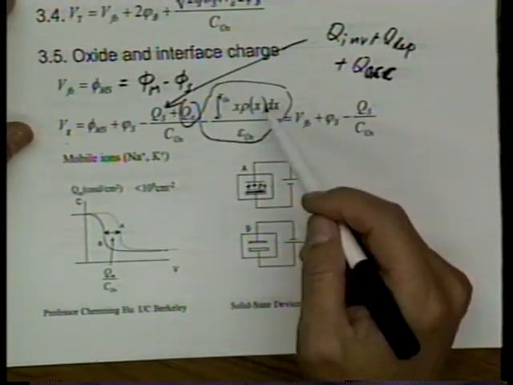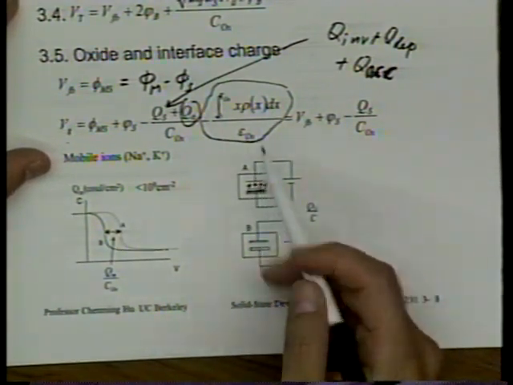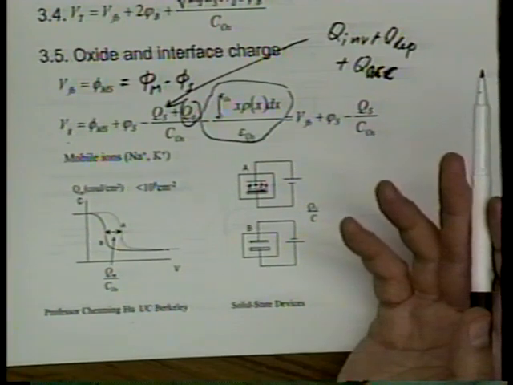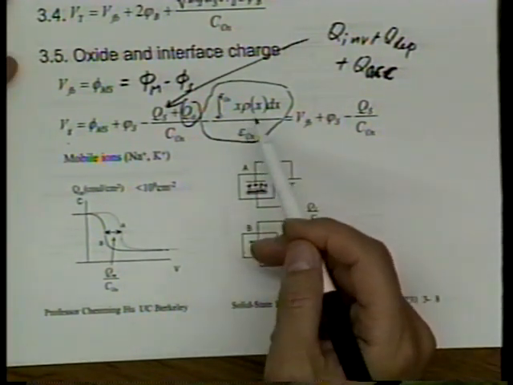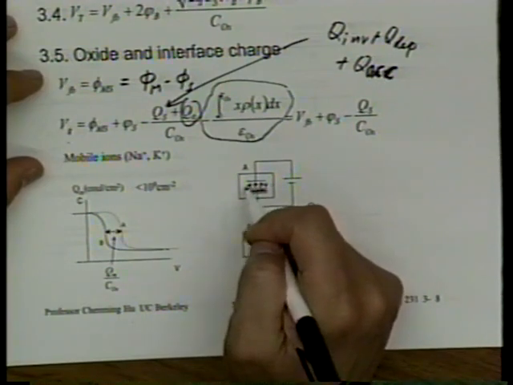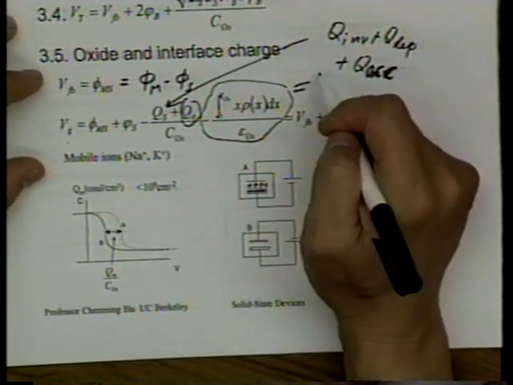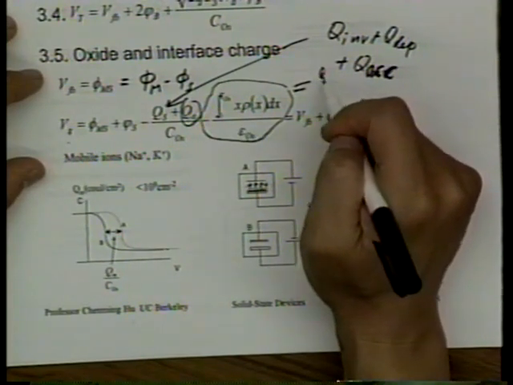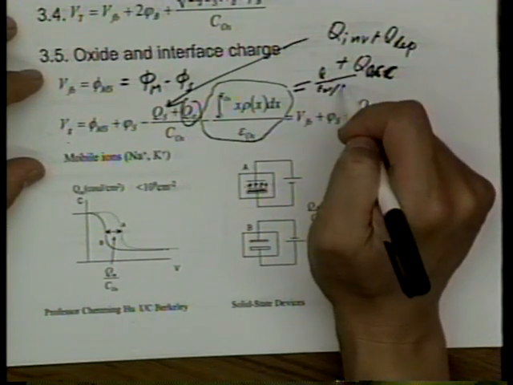Just assume the oxide charge can be modeled as lumped as one sheet near the interface, then it becomes the same as Q inversion, all right? But if the charge is one sheet somewhere in between, this term would simply become, you guessed it, Q of the charge divided by epsilon oxide divided by half of Tox.